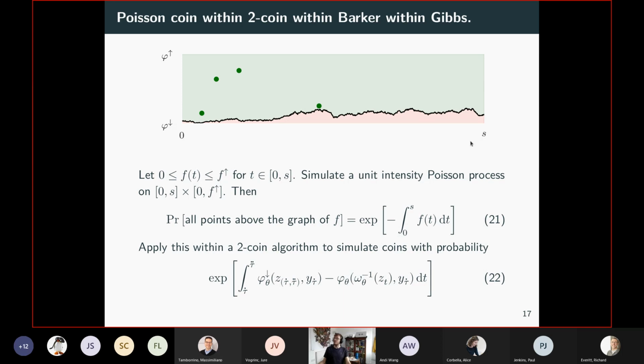So the illustration above shows you an example trajectory of the path integrand, and if all the points in the Poisson process fall into the green part, then we accept. If any of those points fall into the red part, we reject.